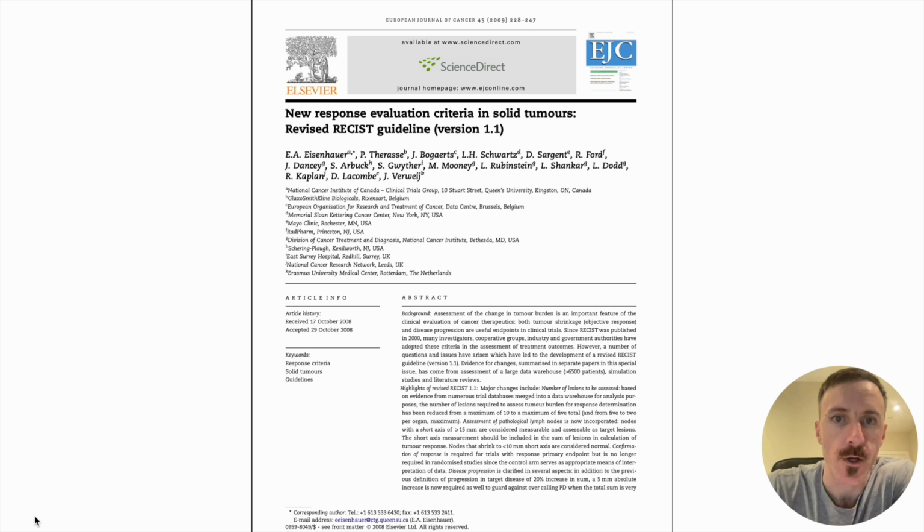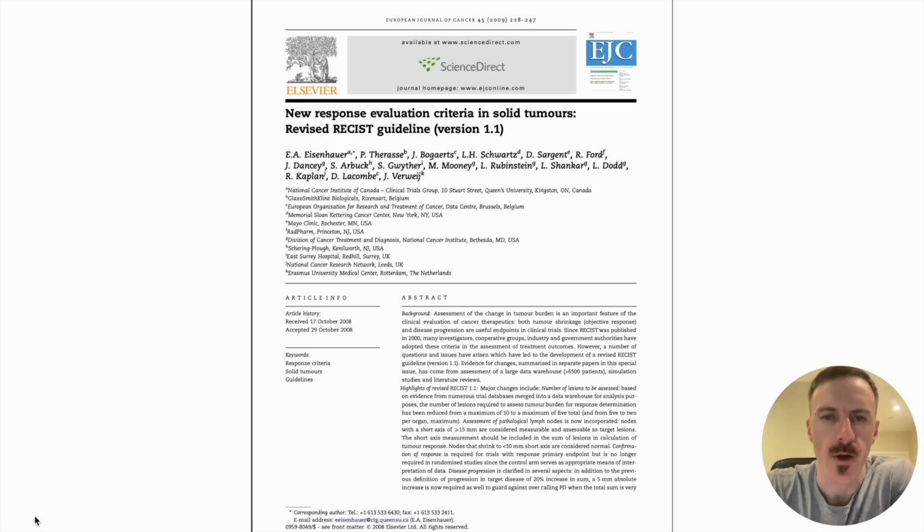There was an updated version, version 1.1, published in 2009 to address some limitations in the original criteria. You'll come across these guidelines all the time when writing papers on oncology, especially those reporting on solid tumors.